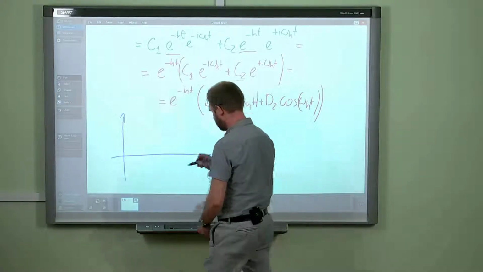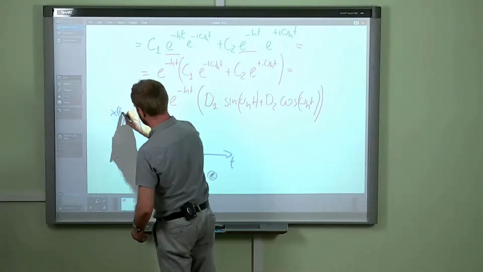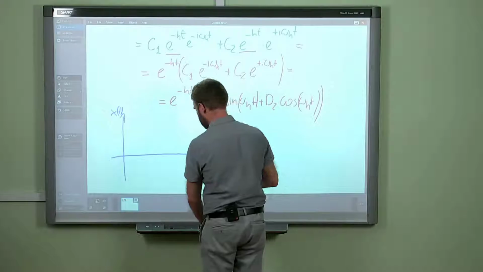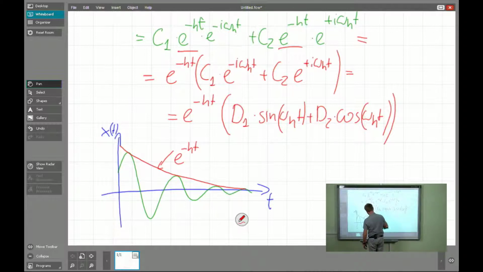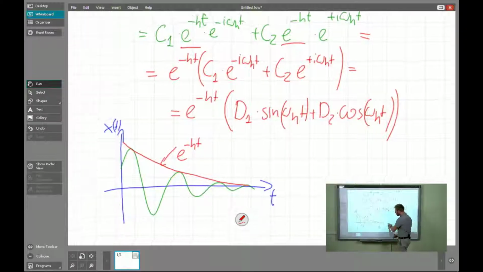Here we have t as time, here we have x of t, and here we see our solution, which will have the following form. As we see, the changes are constantly decreasing, and the curve which describes these changes is, as I mentioned before, the exponential of minus h t.